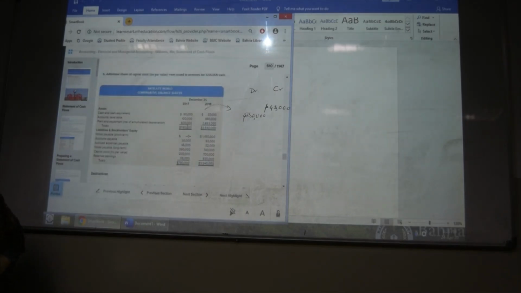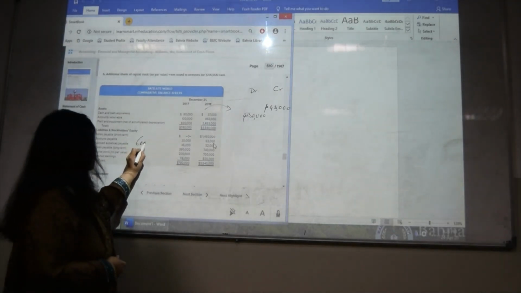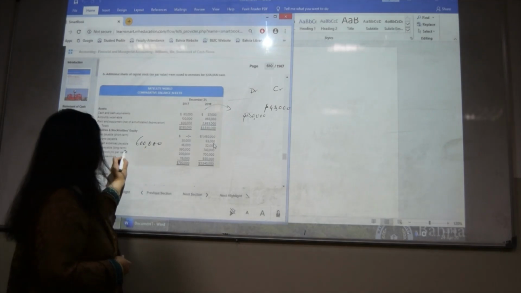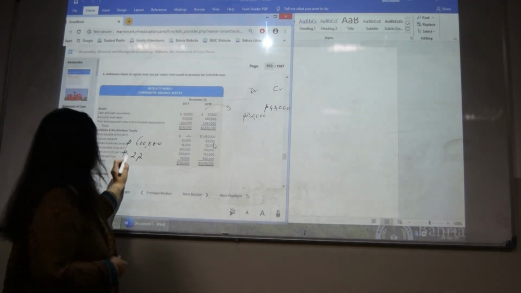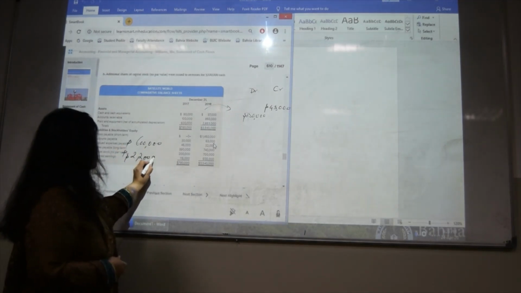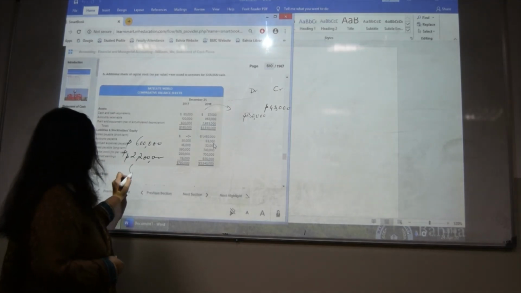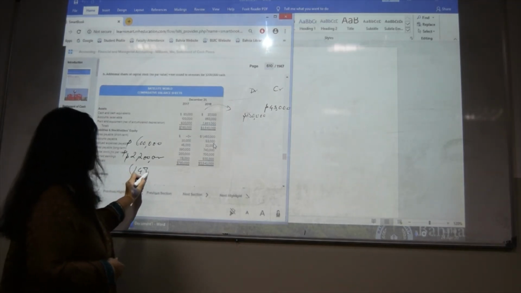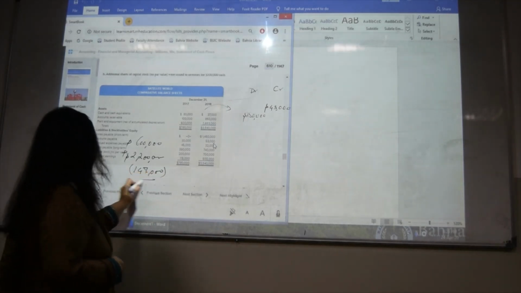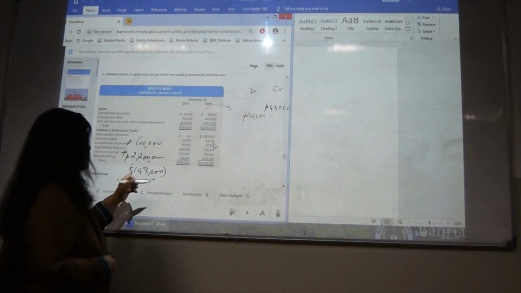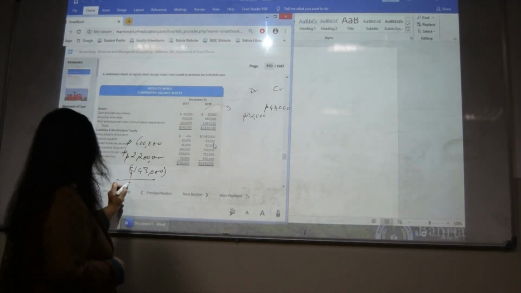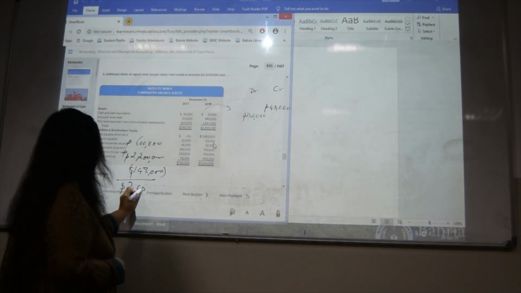As you can see, you had the beginning balance of 600,000, then you added 2,200,000 to it and subtracted the depreciation, which was 147,000. You have to remember the figures, and the net effect would be 2,653,000.